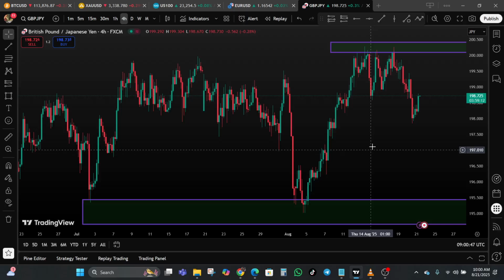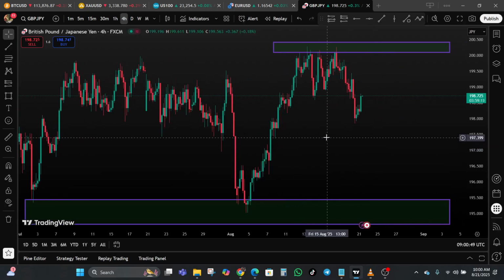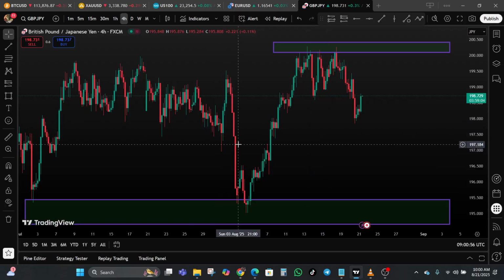The second component is the fair value gap, also known as an imbalance in price. A fair value gap occurs when the market makes a strong impulsive move and leaves behind a space where price has not traded efficiently.